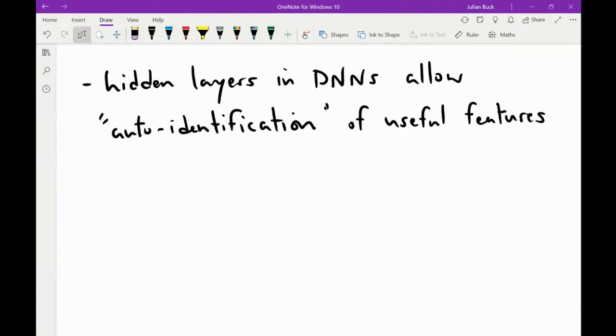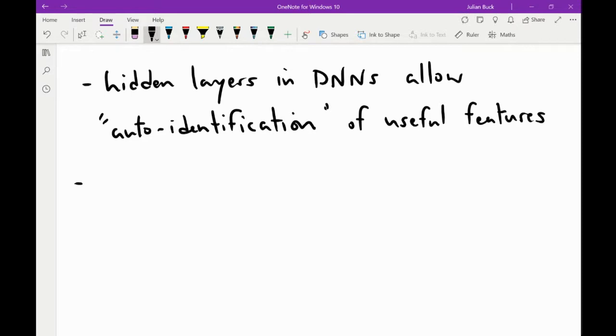And what we mean by auto-identification is you don't necessarily have to explicitly define the features. In other words, the neural network can almost come up with features of the data, discovering them on its own without you having to tell it what they actually are.